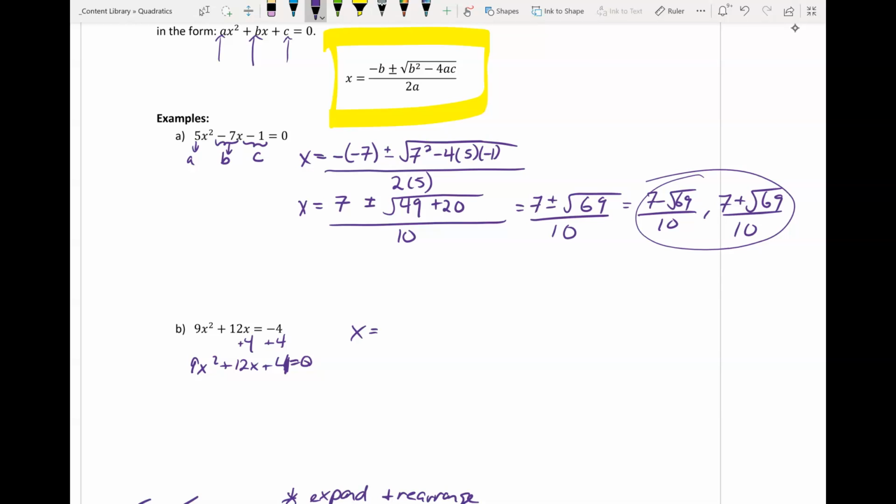All right, so going back to b, our b value is 12, our a value is 9, and our c value is positive 4. So you have negative 12 plus or minus the square root of 12 squared minus 4 times 9 times 4, all over 2 times 9.